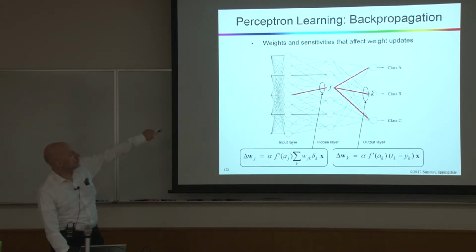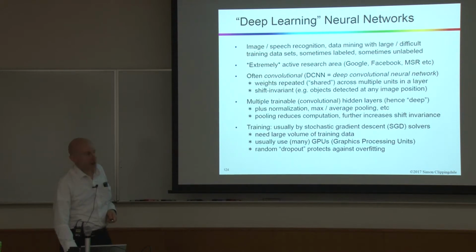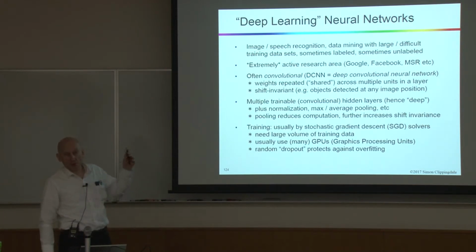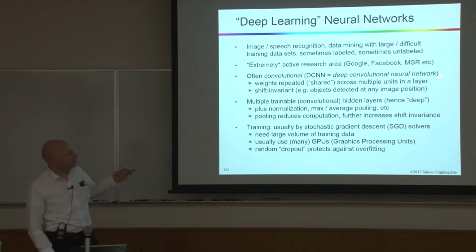So the weights of this cell here are going to be the same as the weight vector of this cell here and this cell here and this cell here. And that makes the output of a particular layer be effectively a convolution of the weight vector that's shared by all the units in that layer with the input. So that's why they're called convolutional neural networks.